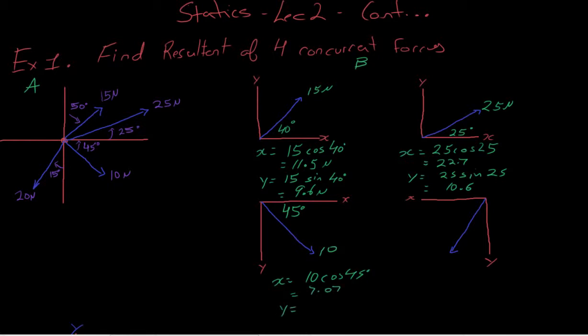Y is equal to 10 sine 45, which also equals 7.07.